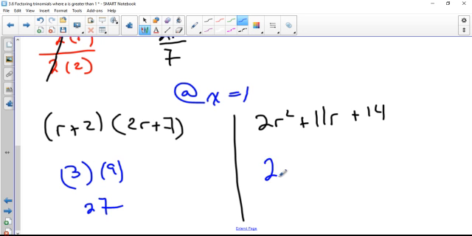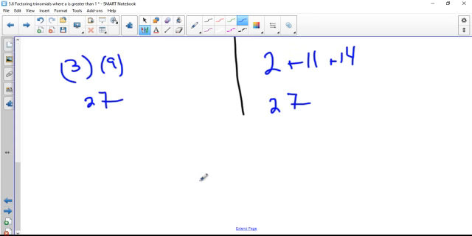Here I'm going to get 2 plus 11 plus 14, which is equal to 28. Oh, 27, sorry. 27. Okay, so again, left side equals right side. We're good.